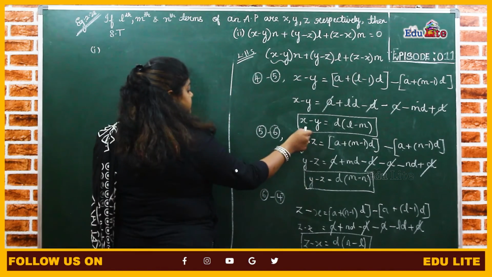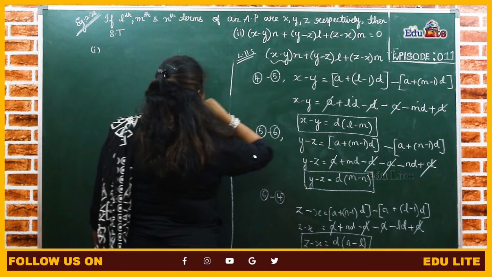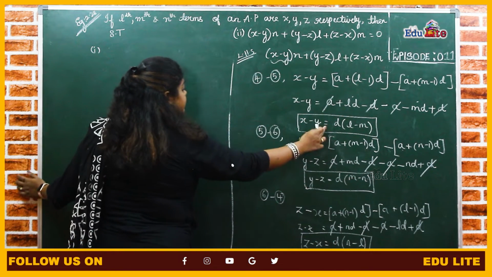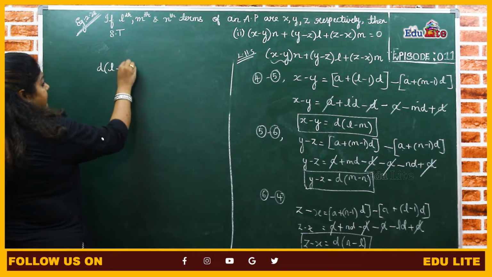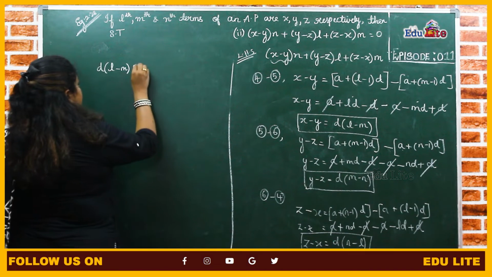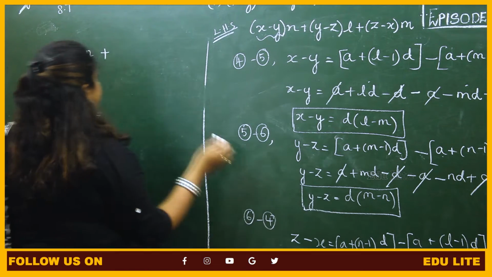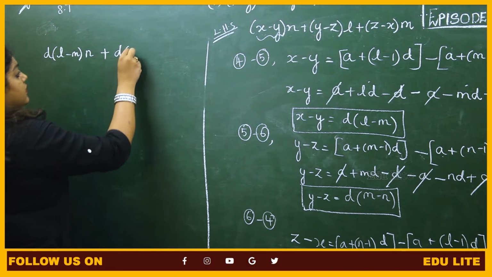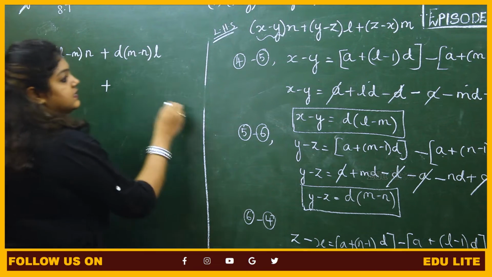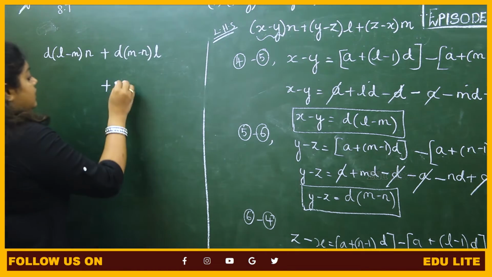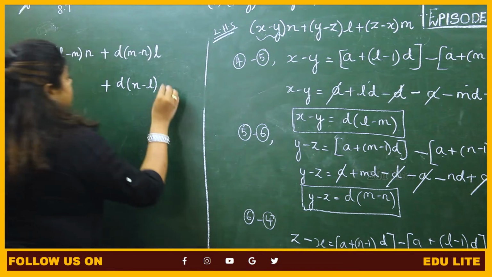Now what we will do is, we will substitute x minus y, y minus z, z minus x in the left hand side of the given equation. So x minus y is d into L minus m, and we have n over here, plus y minus z is d into m minus n into L, plus z minus x is d into n minus L into m.